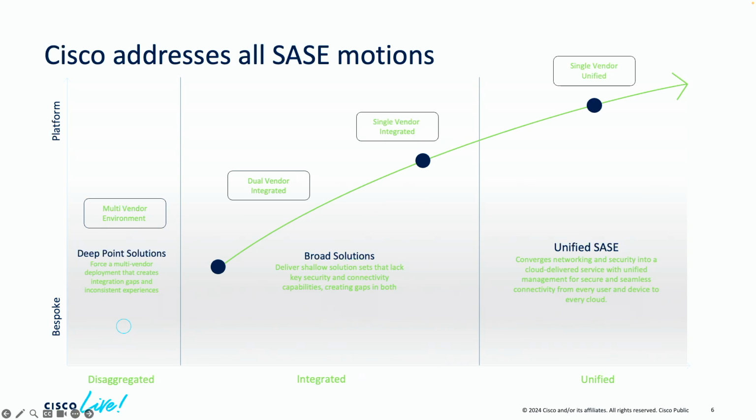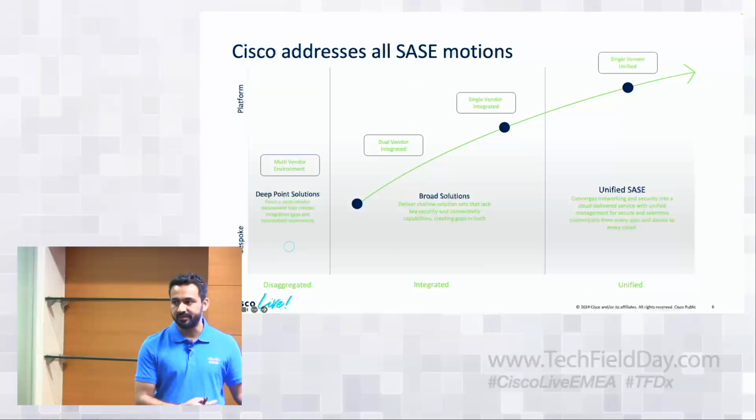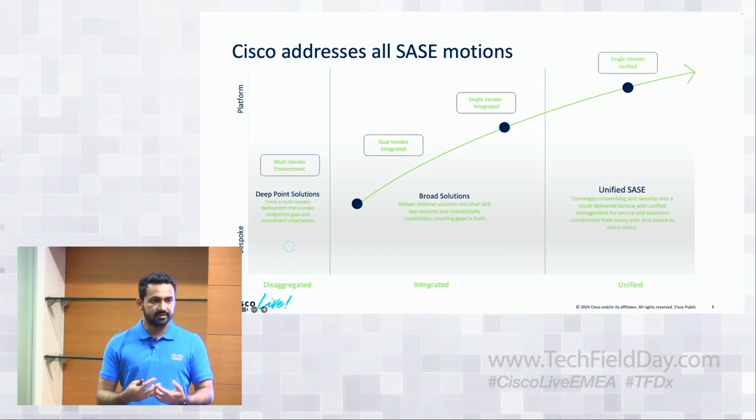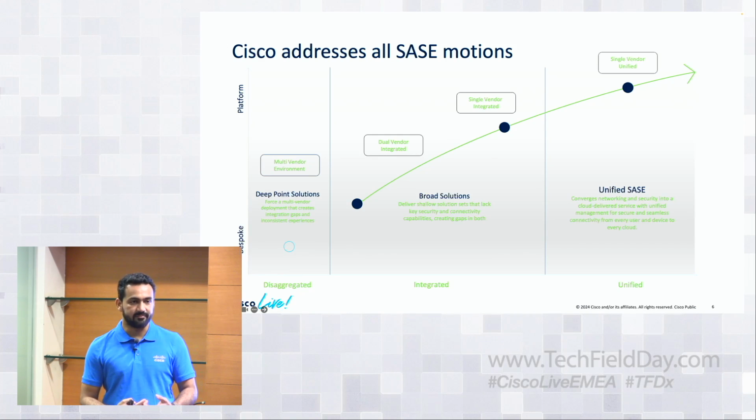So they moved to the next evolution stage where the subject matter expert vendors of each component, which is network and security, would come together and bridge the gaps in their systems. By bridging the gap in their system, they came closer. But still, it was a multi-vendor solution. Like you might buy an SSE full capability vendor solution and the SD-WAN full capability vendor solution and try to connect together the dots via their integration system.